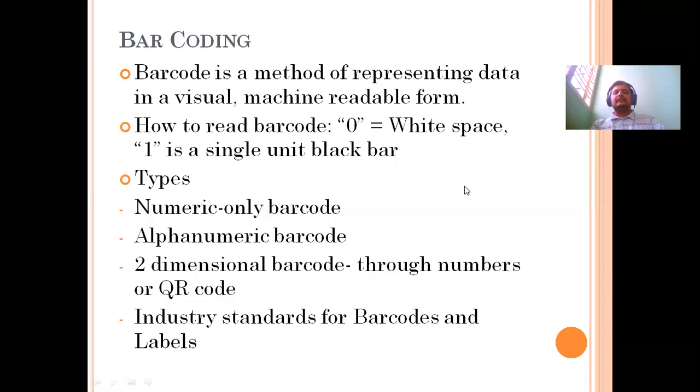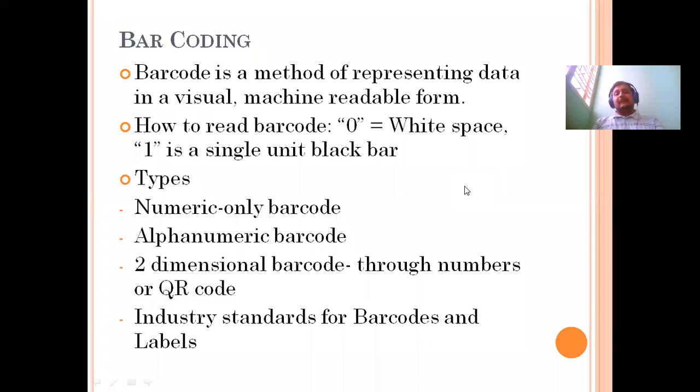Probably when we get a barcode for any kind of product, that barcode consists of spaces and bars, correct? So the space is to be 0, and the 1 is going to be a unit of black bar.